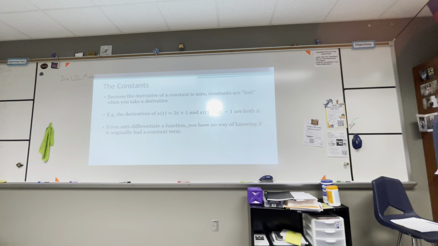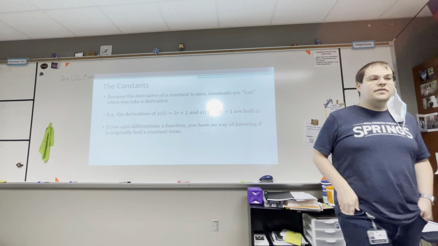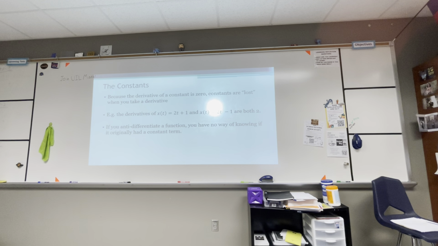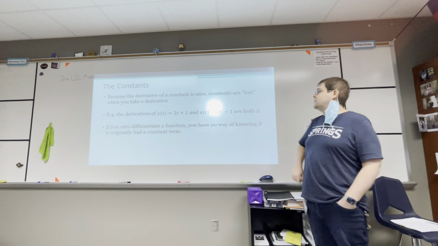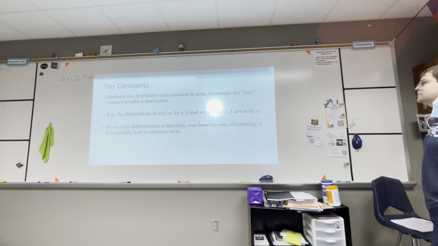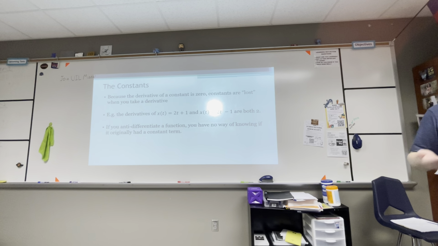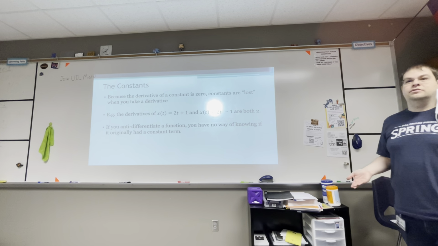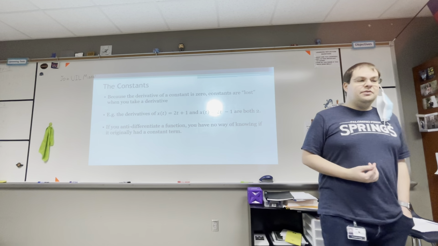Okay, so when we take the derivative of a constant, it gives us 0, so the constants will be lost when you take a derivative. For example, if we have these two equations, x(t) equals 2t plus 1 and x(t) equals 2t minus 1, the derivatives are the same. Well, how do we know which constant to put on to the function when we anti-differentiate? That's where it gets a little confusing.